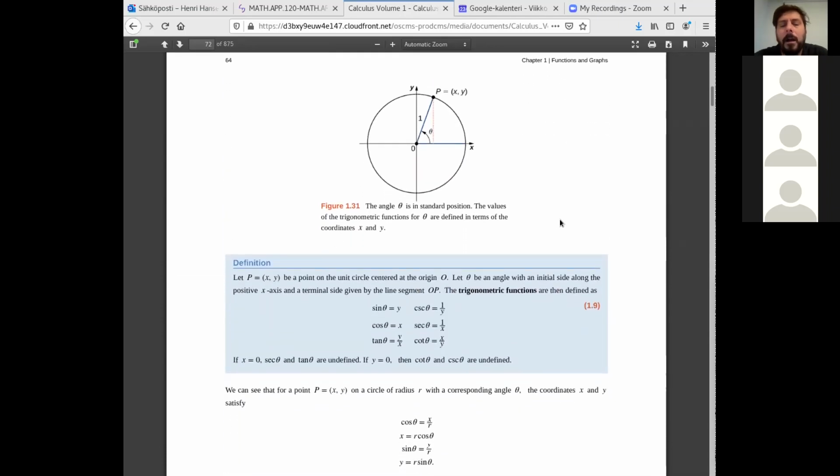If we have a point P on the circumference, denoted by X and Y, it's got an X coordinate and a Y coordinate.